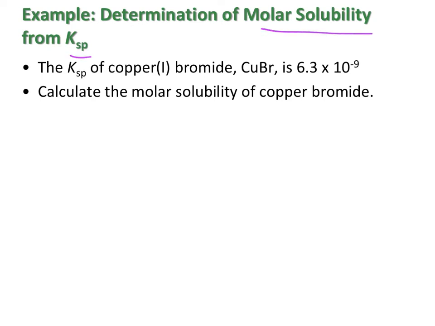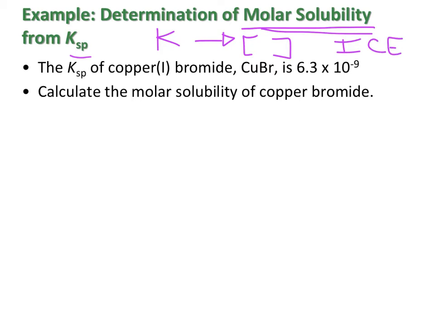Anytime you're going from an equilibrium constant, a Ka, back to concentration, so in this case back to molar solubilities, you're going to have to do an ice table. So anytime you have any K and you're trying to go back to a concentration, that means you have ice tables coming your way. So we're going to practice that here.